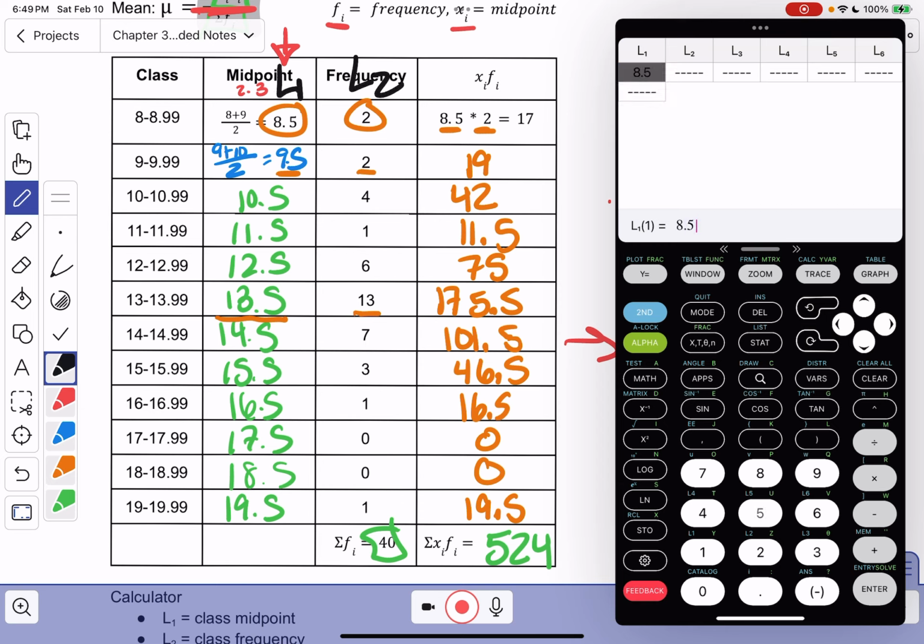So 8.5, 9.5, and so on. And then we put the frequency in L2. That's going to be 2, 2, 4, 1.